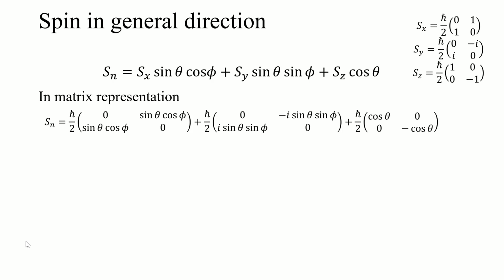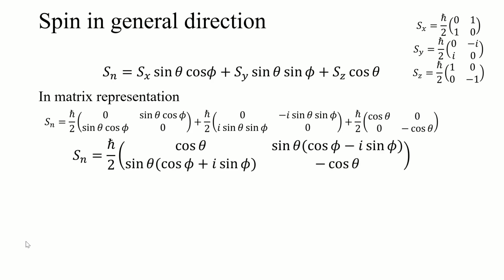We get these three terms, and we can add them all together. We end up with this, where I factored out the sine theta from the off-diagonal terms, thanks to the fact that cosine is even, so cosine phi is equal to cosine negative phi, and sine is odd, so negative sine phi is equal to sine of negative phi.